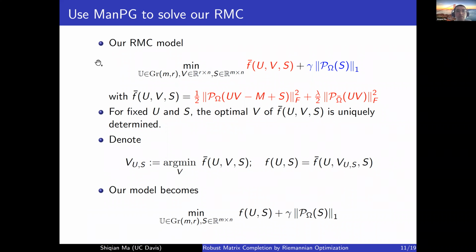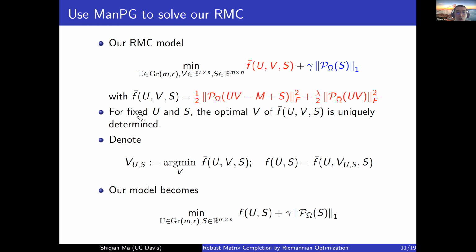Now let's see how to use this ManPG algorithm to solve our formulation of the robust matrix completion problem. Recall that our model can be written this way. Here we use F bar to denote the smooth function, and we use the blue part to denote the non-smooth function. Here we also have a Grassmann manifold.